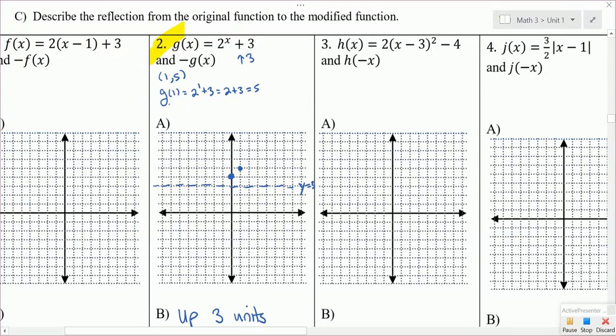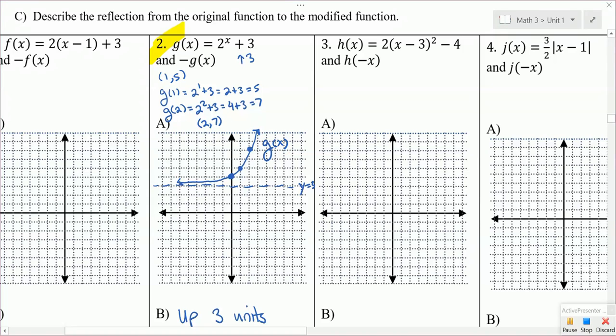Let's get one more. If I plug in a 2, I get 2 to the power of 2 plus 3, which is 4 plus 3, or 7. So I plugged in a 2, I got a 7, so 2, 7. And so that is our graph of g of x.